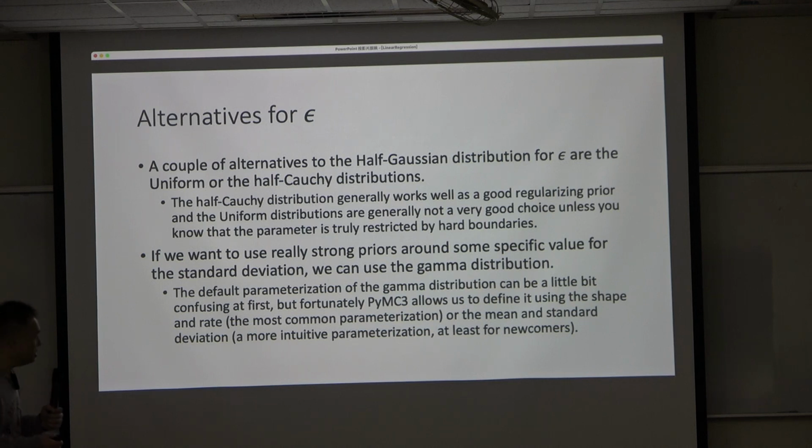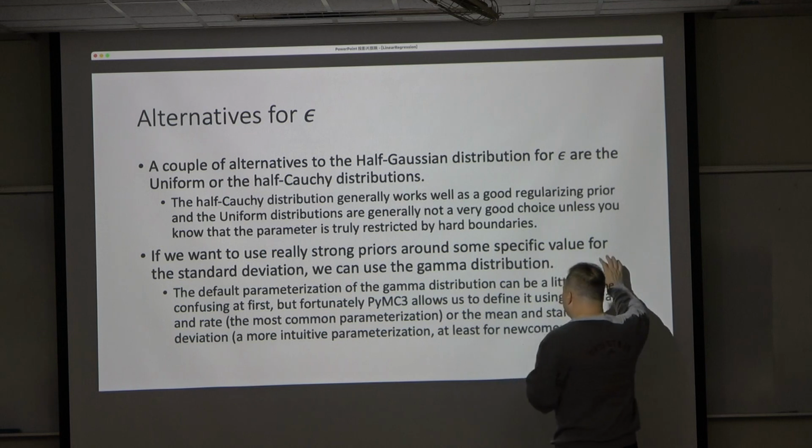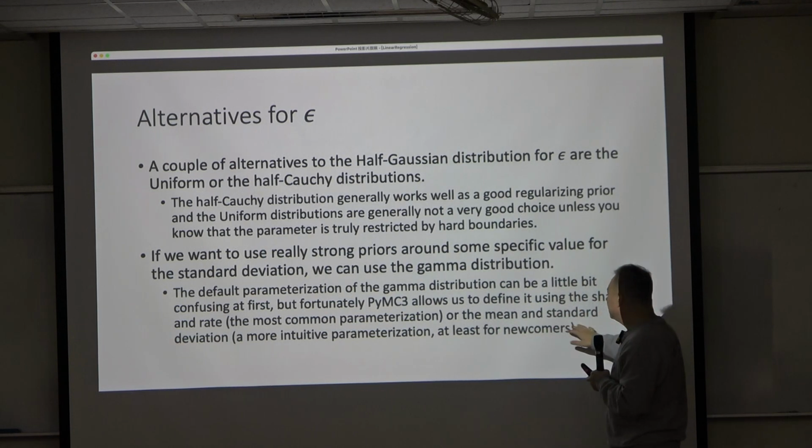Another even more intuitive way to define the gamma distribution is the mean and the standard deviation.